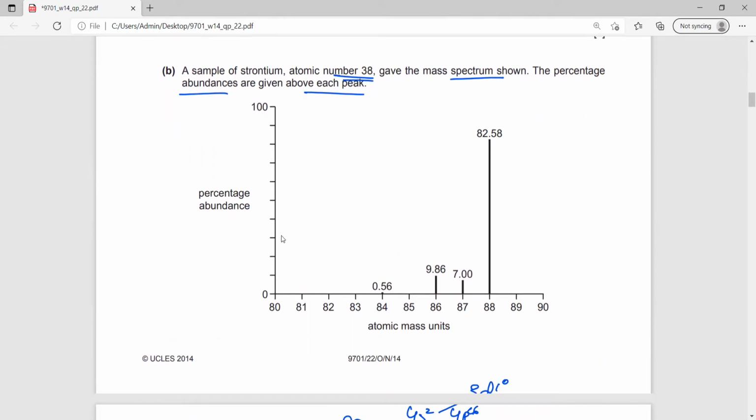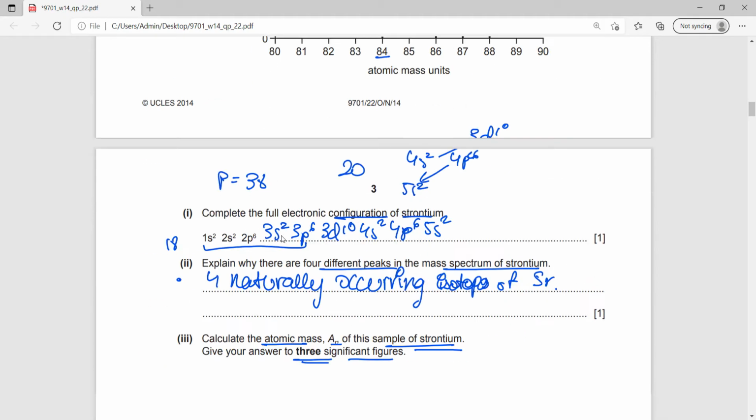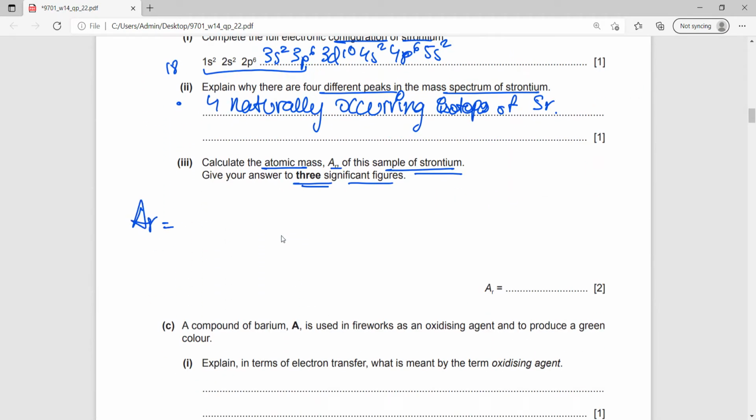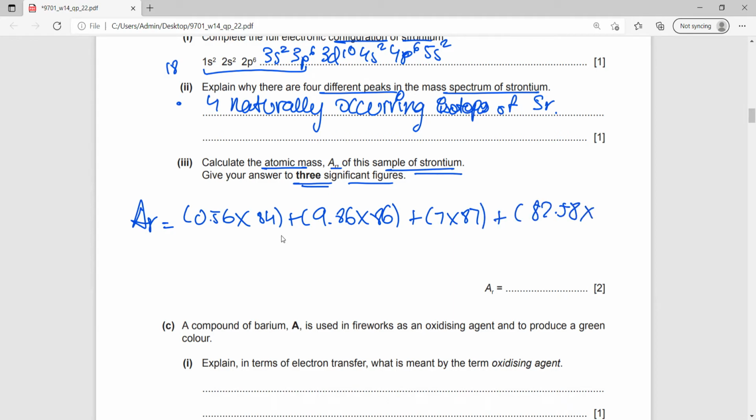The easiest way to calculate this is the sum of the multiplication of each mass and its abundance, divided by 100. So the Ar would be 0.56 times 84 plus 9.86 times 86 plus 7 times 87 plus 82.58 times 88, and this whole thing divided by 100.